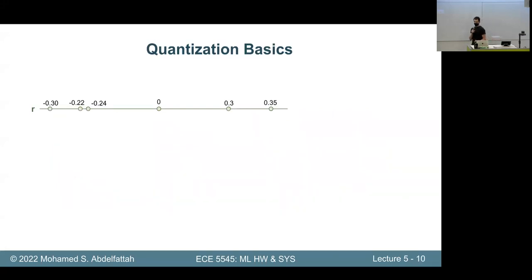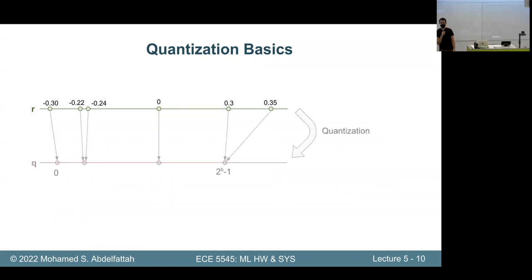Okay, so let's start with the basics and go back to our number line. Here I have a number line with some example real numbers represented. And then I want to map it to a quantized domain. That is called quantization. So what is happening here? What is the function that I'm applying to my numbers?